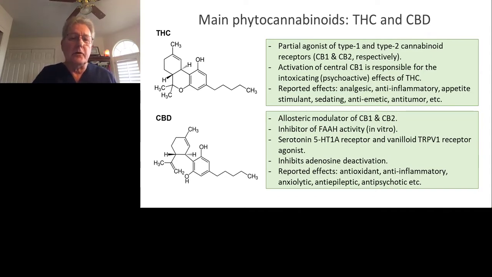And reported effects are listed there. CBD is an allosteric modulator of CB1 and CB2 receptors. It's an inhibitor of FAAH and an agonist of the serotonin and phenylonoid receptors.